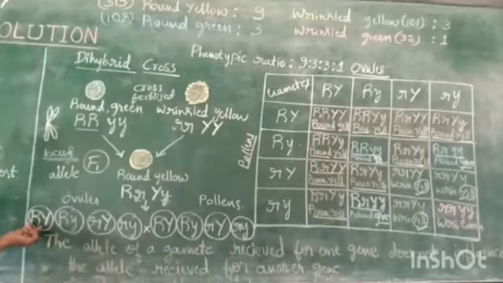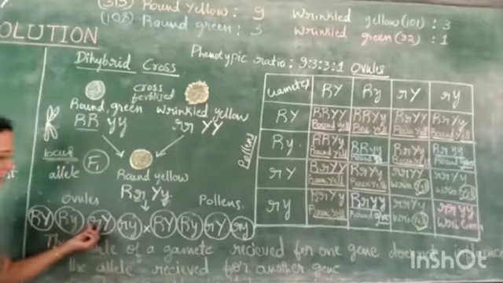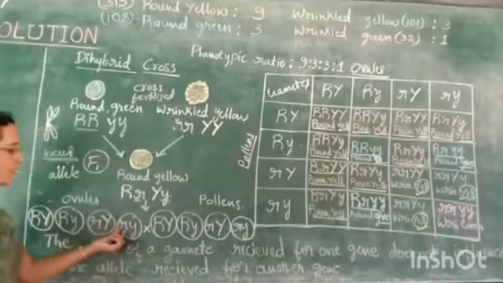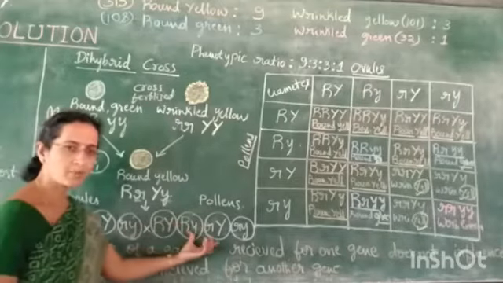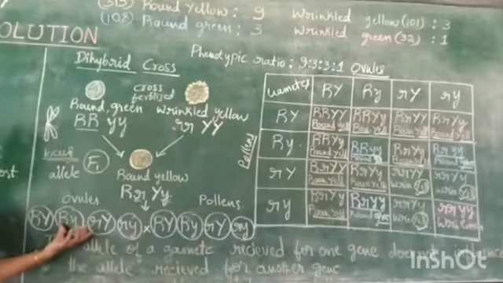A round shaped seed may be having yellow color, or a round shaped seed may be having green color, whereas a wrinkled shaped seed may be having the yellow color, or the wrinkled seed is having the green color. Here the same applies to the pollen.